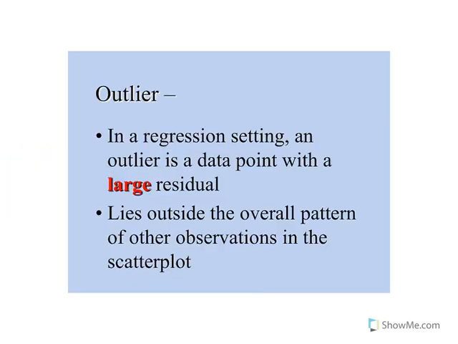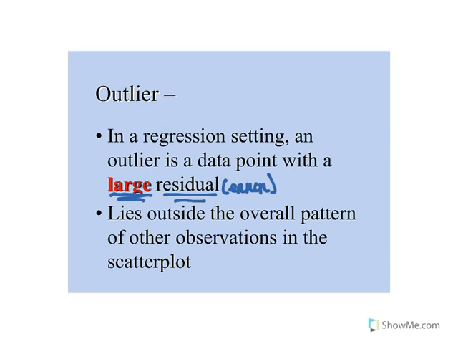All right, the last thing that we need to talk about is we want to introduce the terms outlier and influential point in terms of bivariate data. We'll talk more about these next class. An outlier in a regression setting is a data point with a very large residual. A large residual or error means that data point falls outside of the pattern of the rest of my data, making it an outlier.